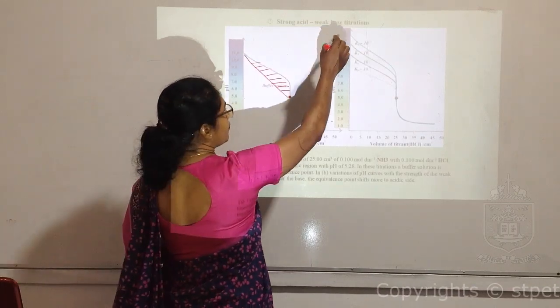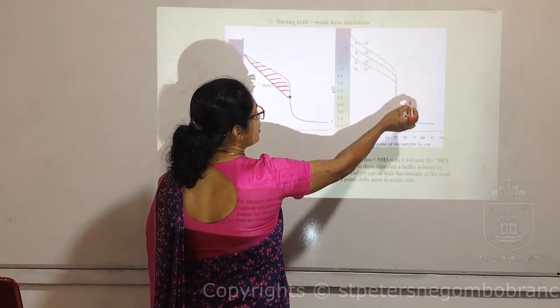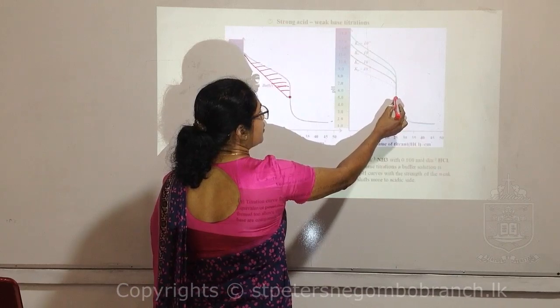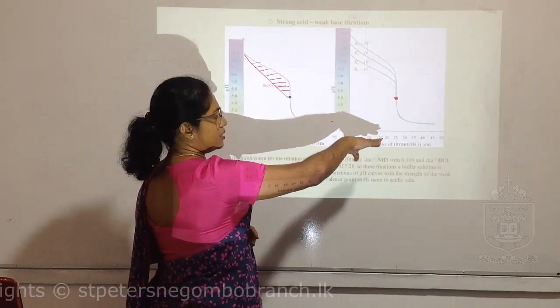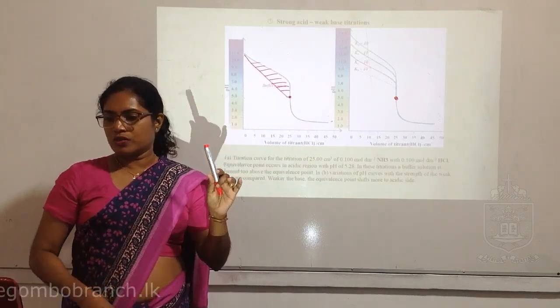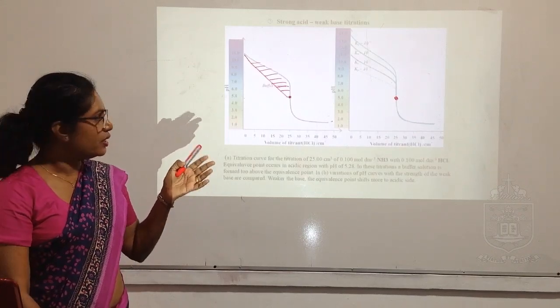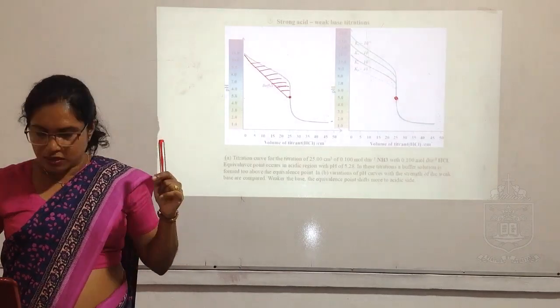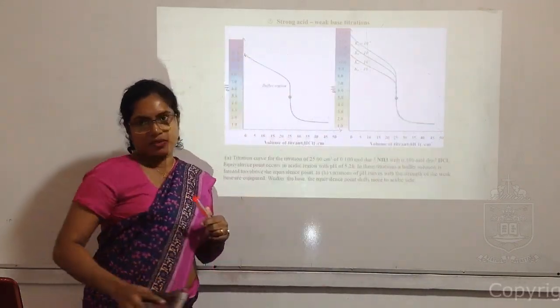Weaker the base, here you can see, weaker the base, the equivalence point shifts more to the acidic side. So there's a difference when we use a weak base and when we use a weak acid. The equivalence point shifts in different ways.